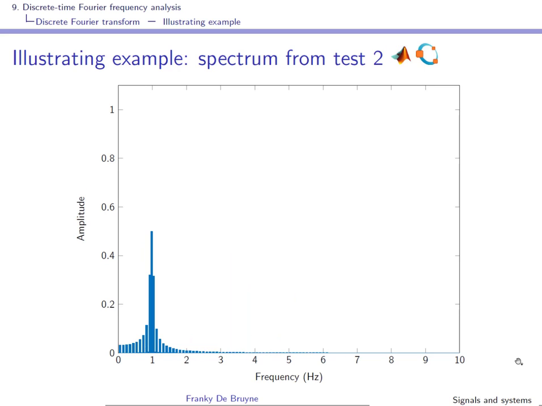This is the spectrum from the signal generated by test 2, and obviously the spectrum is not representative of the original signal, so you can use zero padding but not for periodic signals, as this zero padding will be interpreted as multiplication by a rectangular window, and as you know, a rectangular window is seen as a cardinal sine in the frequency domain, and this is what you see over here.